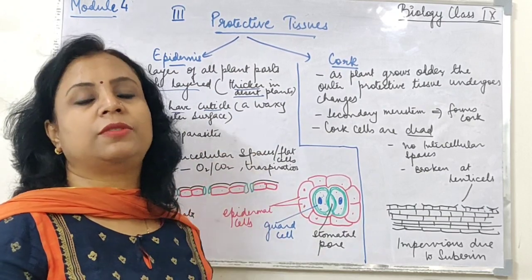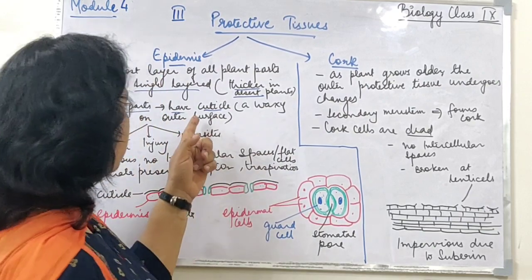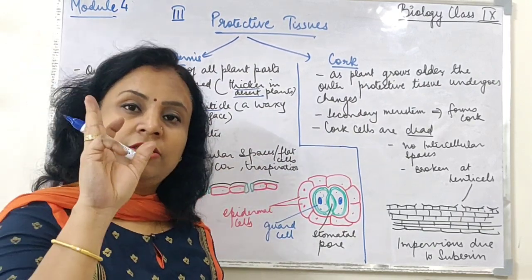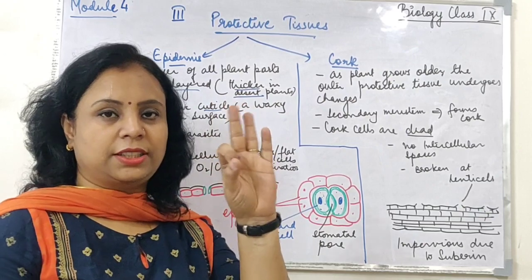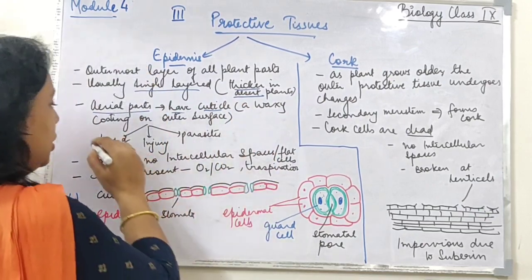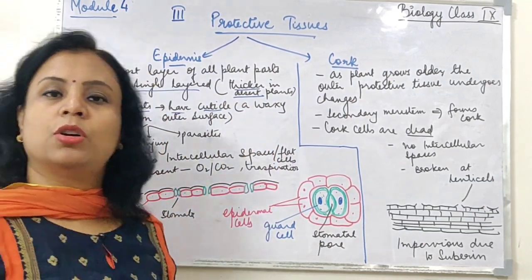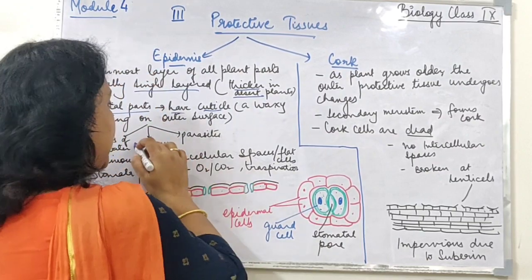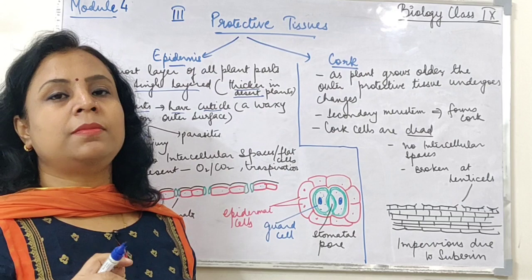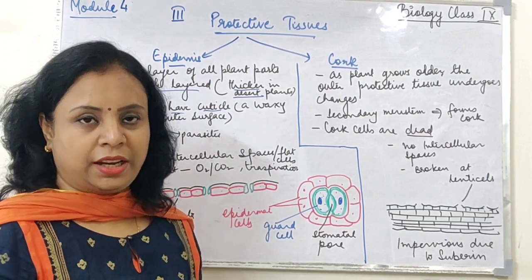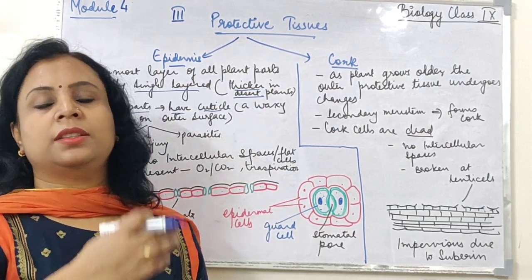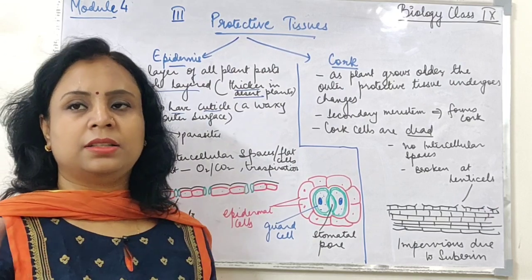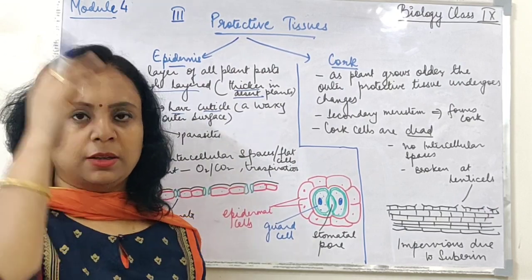This is because of this waxy coating called cuticle, and it has three functions. Number one, it prevents loss of water because of transpiration. Secondly, it prevents mechanical injury. Injury may be because of brushing of some animal, some wind, some rain.